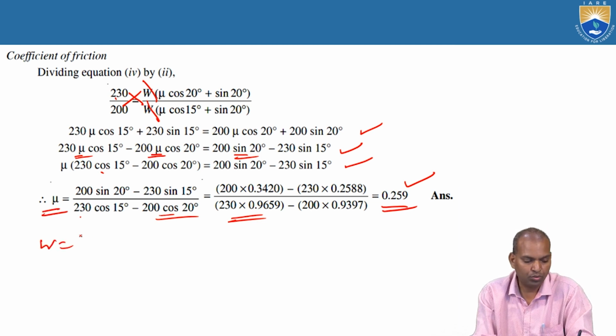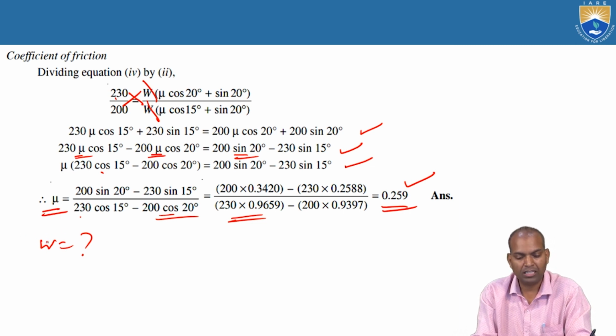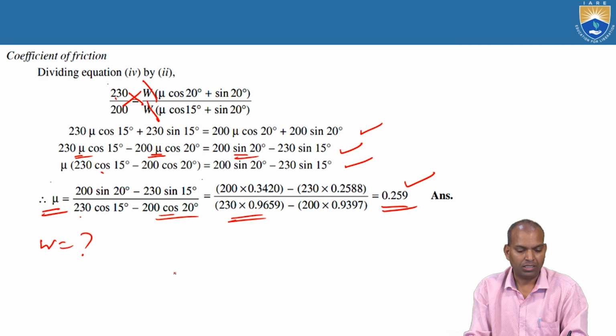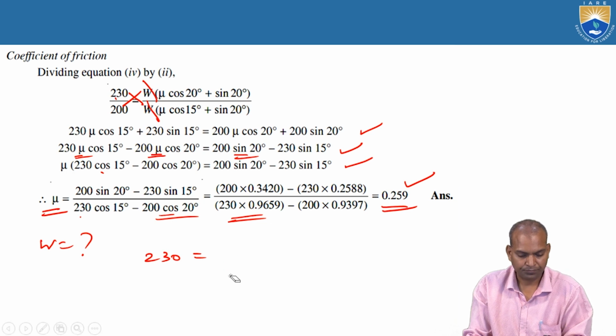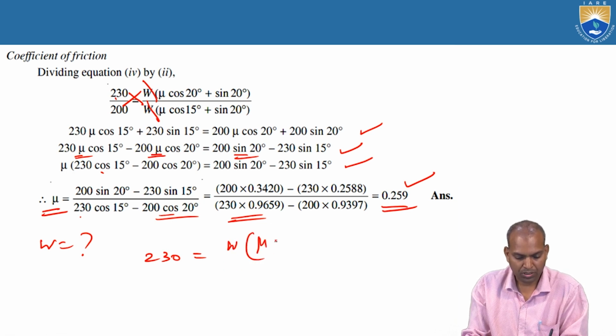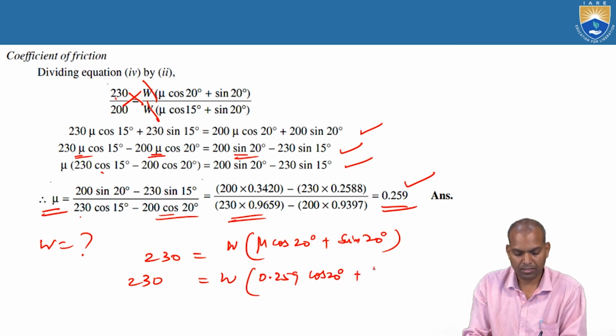This is the first parameter, mu. We want the weight W. How to get W? Substitute mu back in one of the equations. Here 230 equals W times (mu cos 20 degrees plus sin 20 degrees), with mu equal to 0.259.